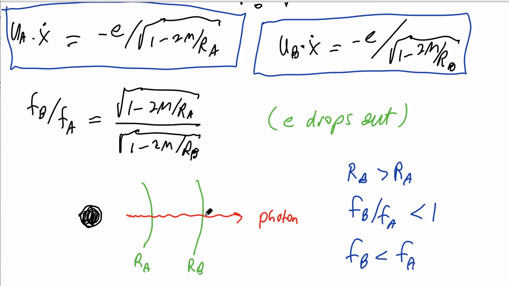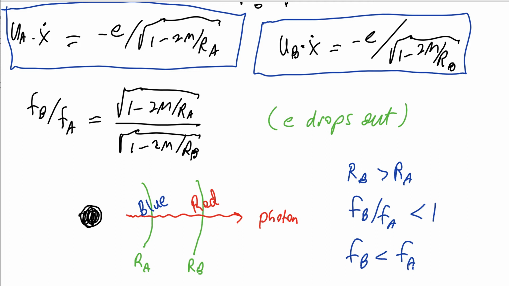So the frequency as measured by observer B is smaller than the frequency observed by observer A. So A might see this photon as a blue photon with relatively high frequency, but B would see the same photon at a lower frequency, say as a red photon.